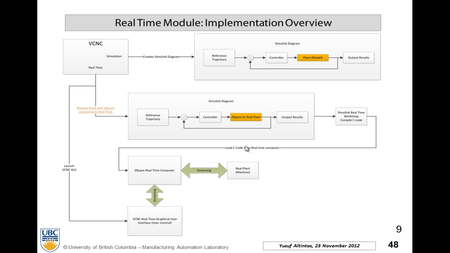Then Simulink Real-Time Workshop compiles C code which gets loaded onto the dSPACE computer. At the same time, VirtualCNC opens the GUI, which then connects to the real-time computer and streams information to and from it, and that's what you see as the user interface. It updates the values and sends commands to it.